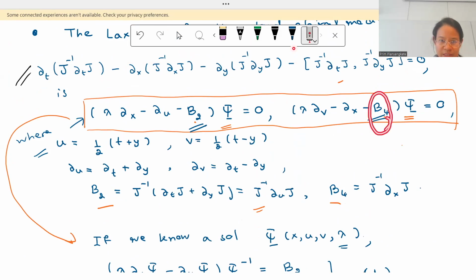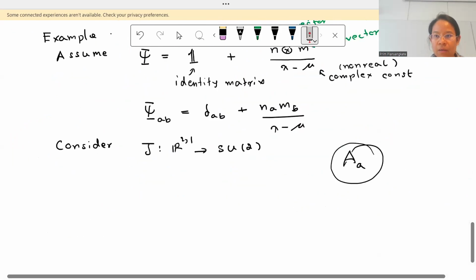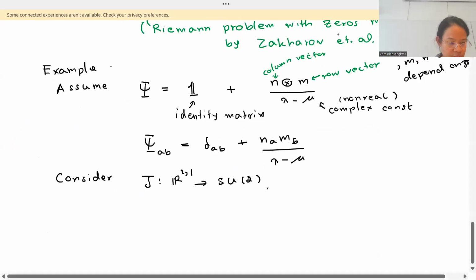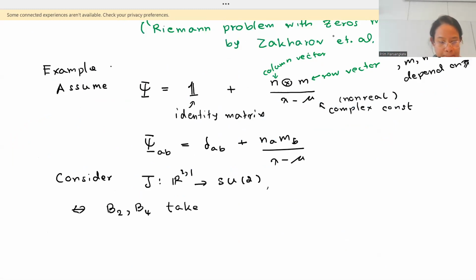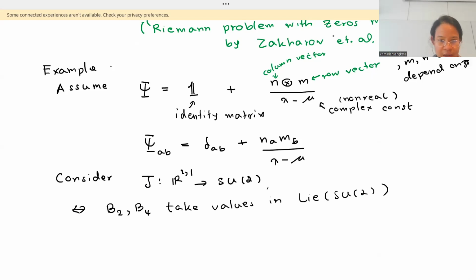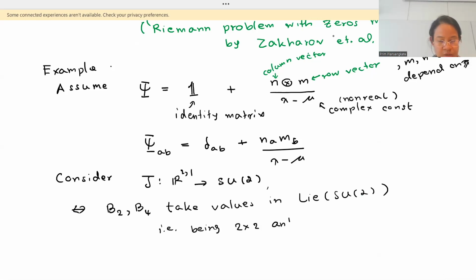So if I restrict to this example, I will assume that B2 and B4 take value in the Lie algebra of SU(2). And that just means that B2 and B4 are 2 by 2 anti-Hermitian trace-free matrices.